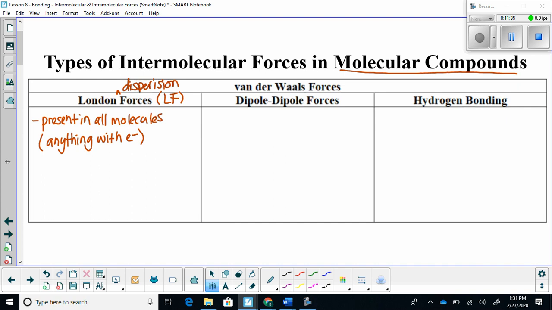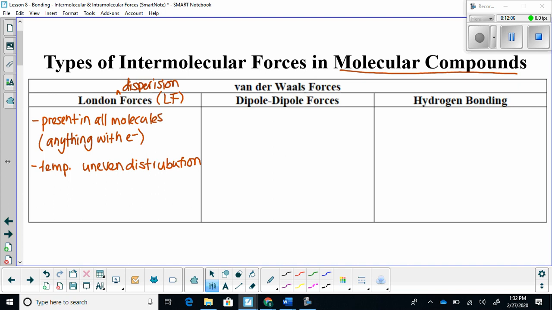So basically what happens is there's a temporary uneven distribution of electrons, which allows us to have a temporary pole form on a molecule, which allows for the intermolecular force to form between molecules, okay? Oh, that one's spelled wrong.